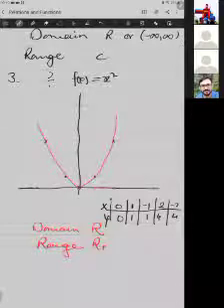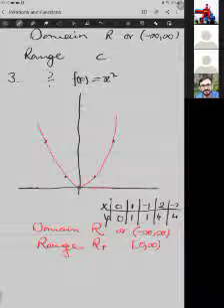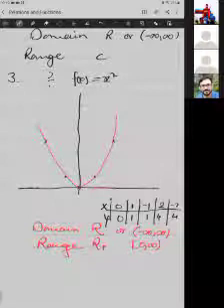So R plus is the range, positive real numbers. Domain can also be written as minus infinity to infinity, and range is 0 to infinity. Range is going from 0 to infinity, and domain is negative infinity to positive infinity, or I could say range is positive real numbers and domain is real numbers.